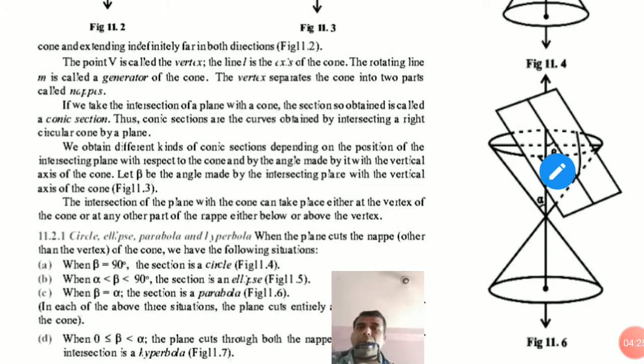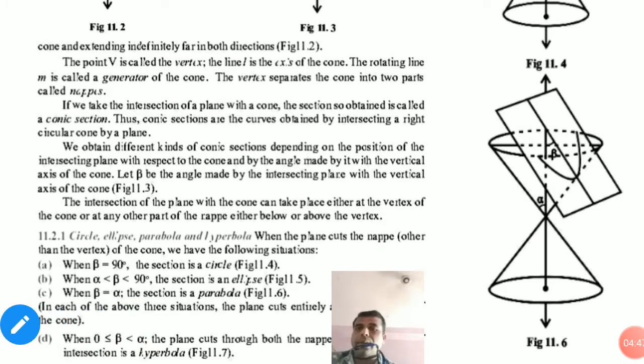So beta is equal to alpha. This is where the plane will intersect the upper nappe, and that section you will get is a parabola. So this is a parabola, and the relation is beta is equal to alpha.